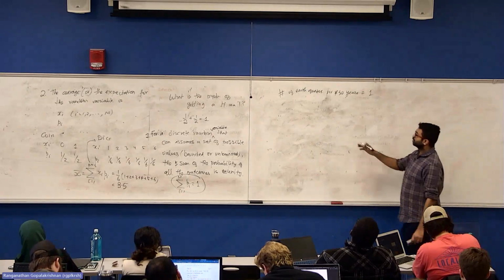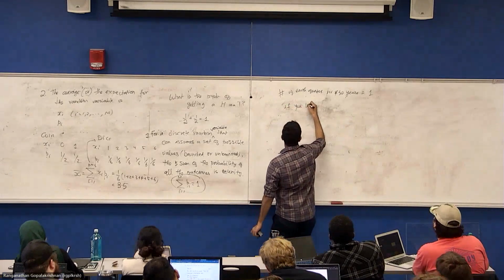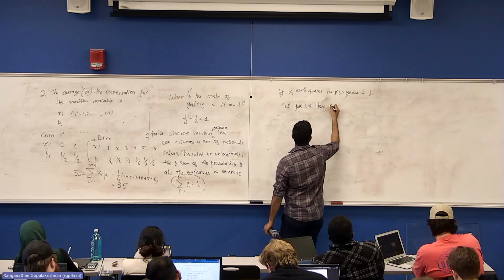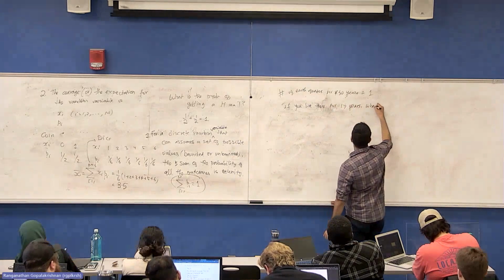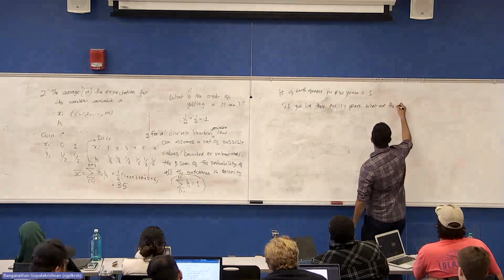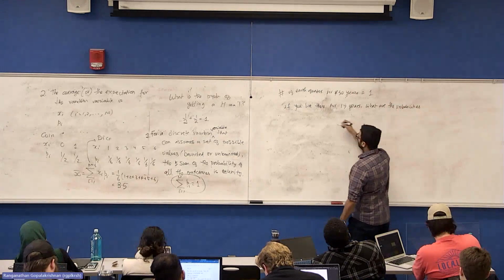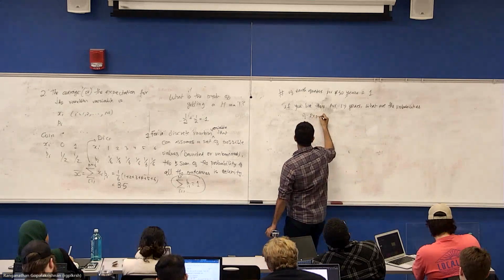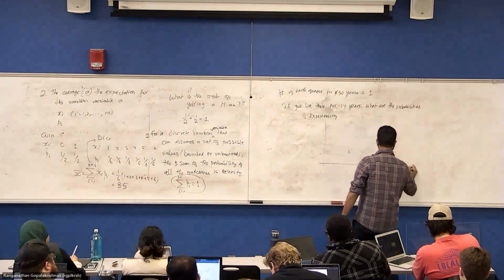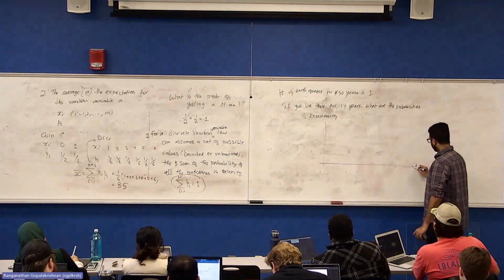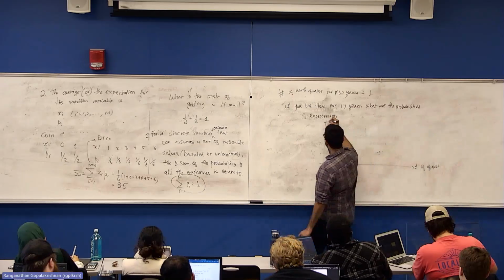So the question for you is, if you live there for 15 years, what are the probabilities of experiencing a given number of quakes? This is the number of quakes, this is probability.